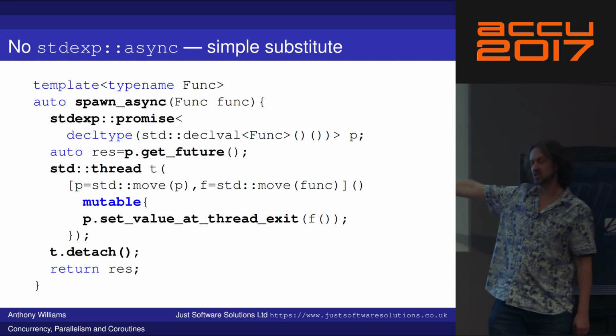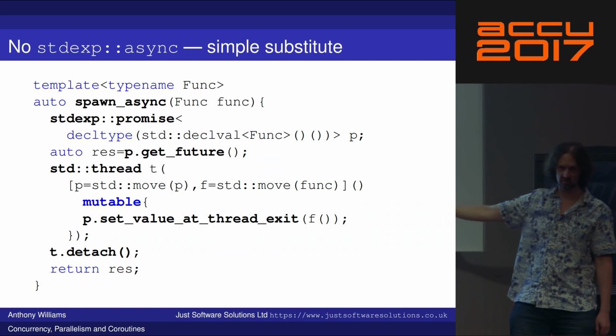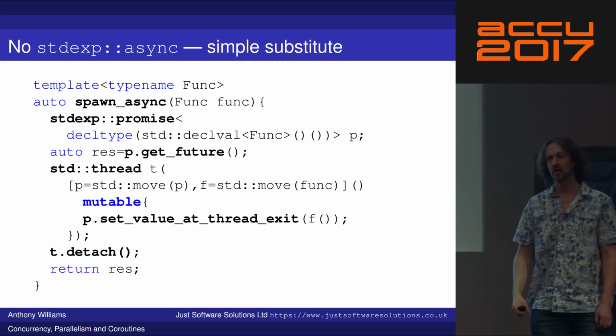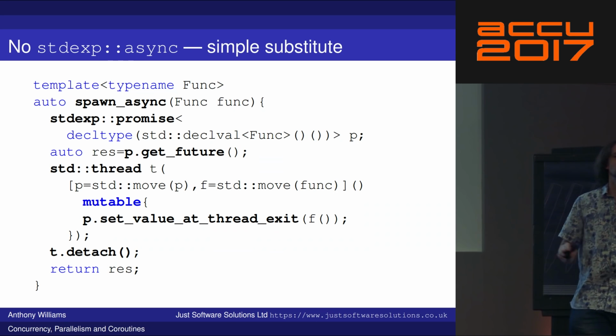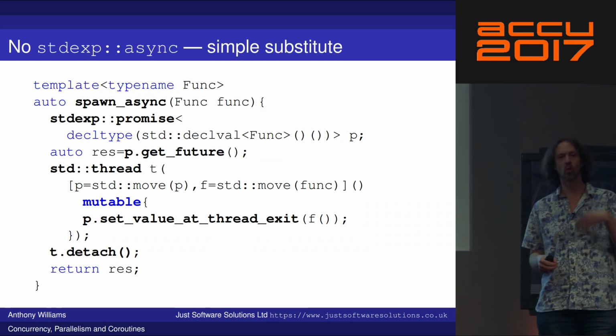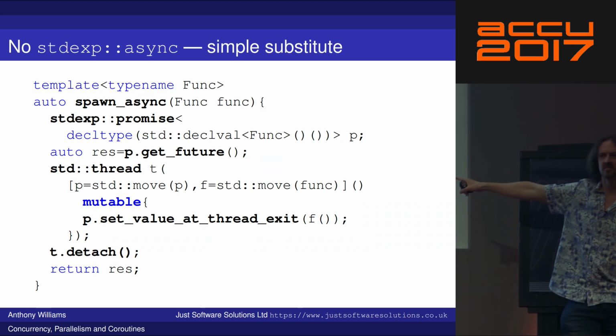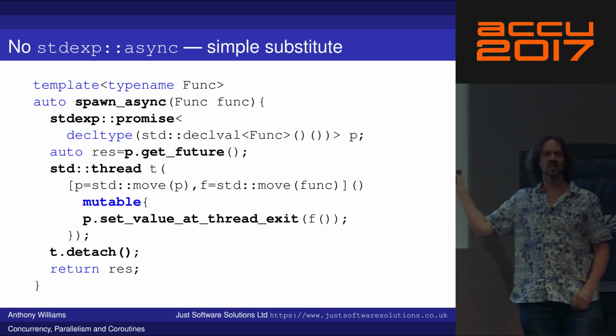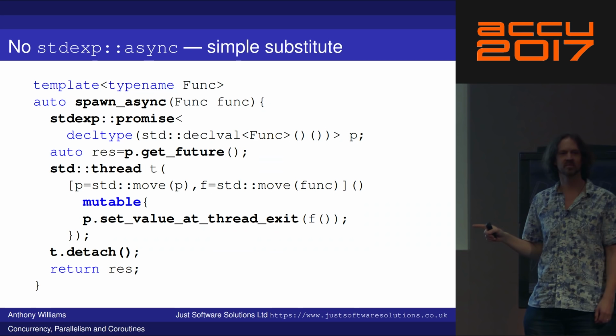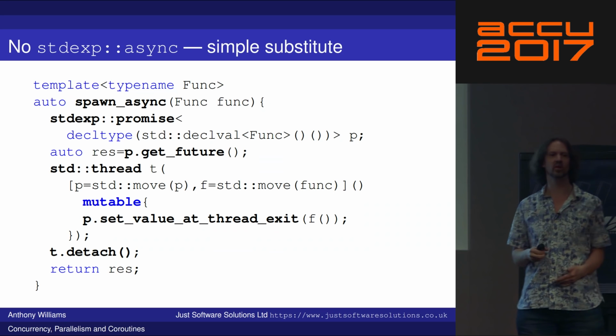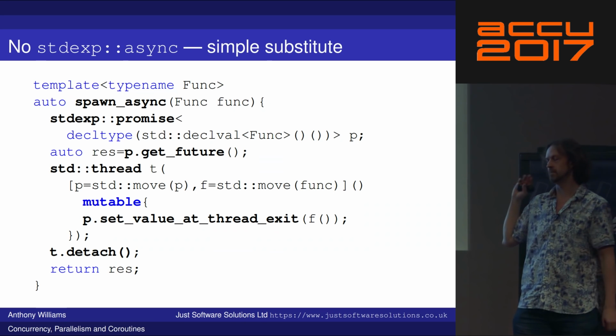And then we detach our thread, so we don't have to worry about joining it and stuff. Lots of people don't like the default behavior of standard async where the futures always join in their destructor, because this doesn't. So you could write this even if you just wanted to avoid that problem. Some people really don't like that blocking destructor, and this gets rid of that.